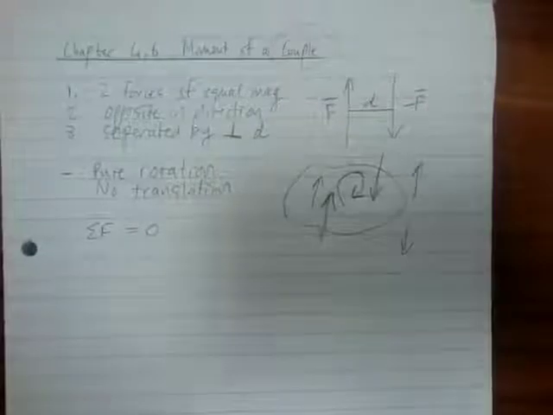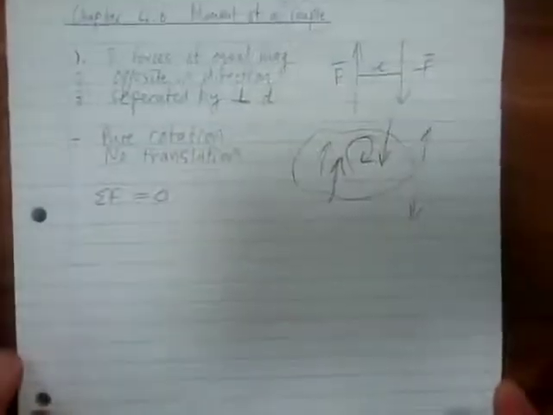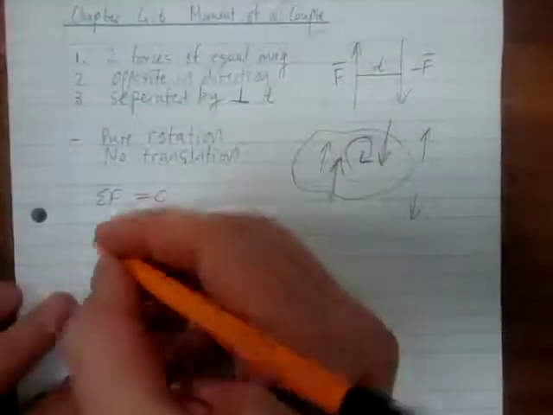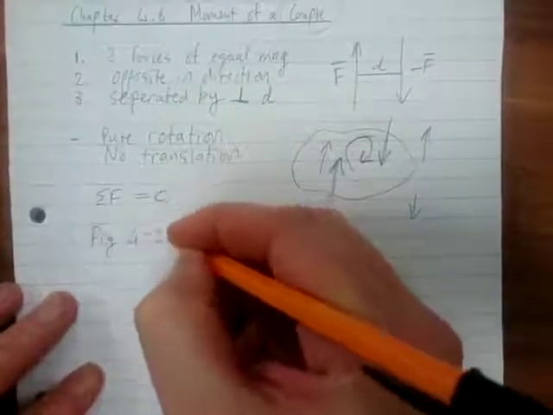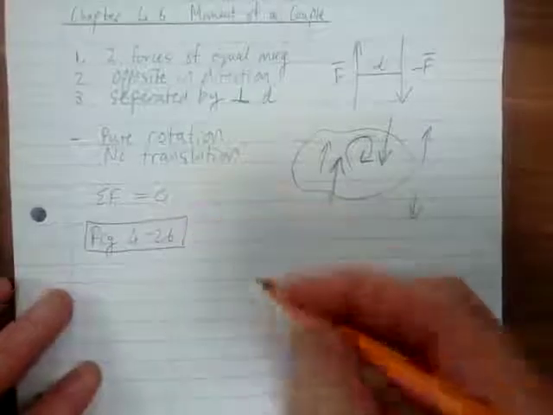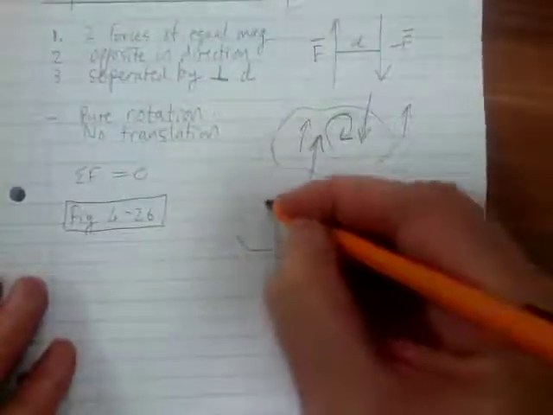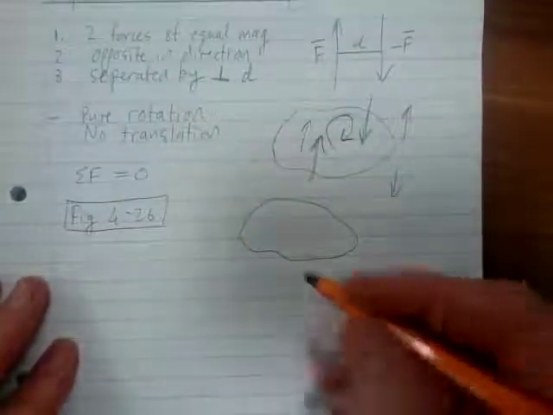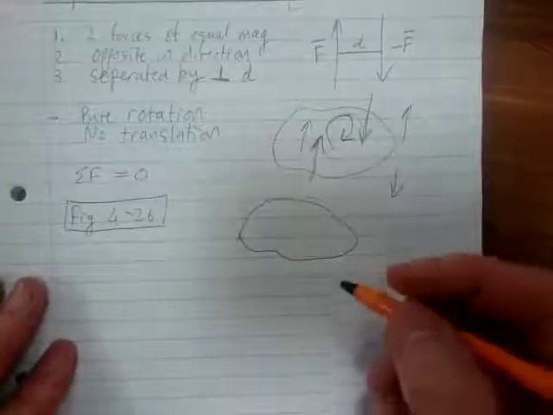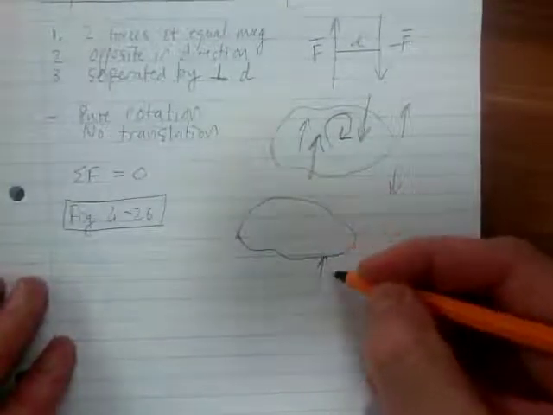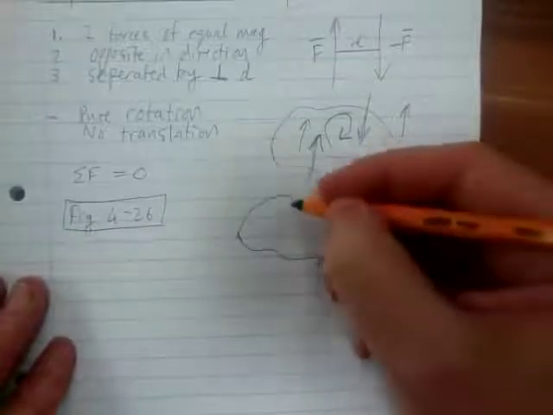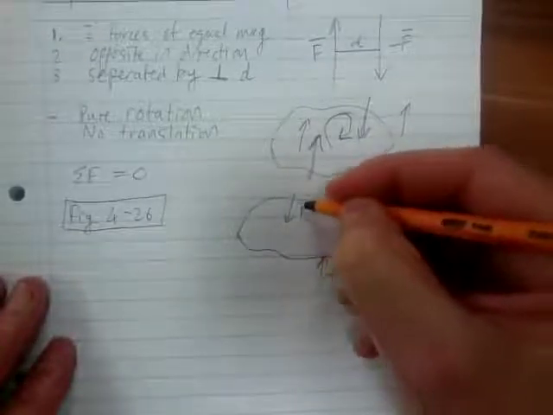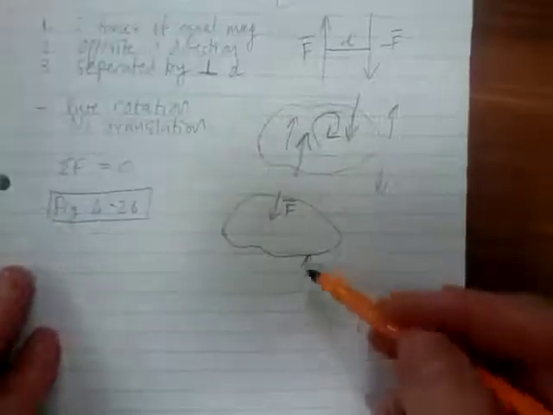The next thing I want to discuss, in the textbook, is based on figure 4.26. If we have a body and we have these two forces, F and minus F, trying to copy the textbook as much as I can here, what do we know?